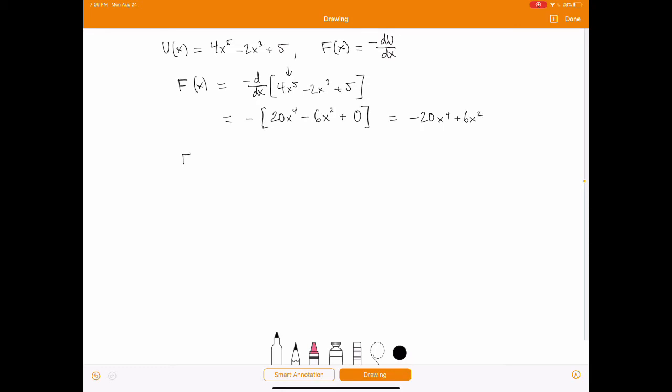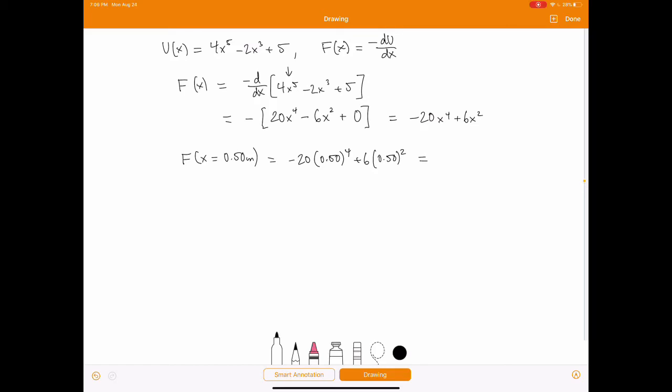So we can plug in a value of x, we can plug in a position, and then the force at that position will pop out. So if we want to know the force at x equals 0.5 meters, we're going to have minus 20, 0.5 to the 4th, plus 6 times 0.5 squared.